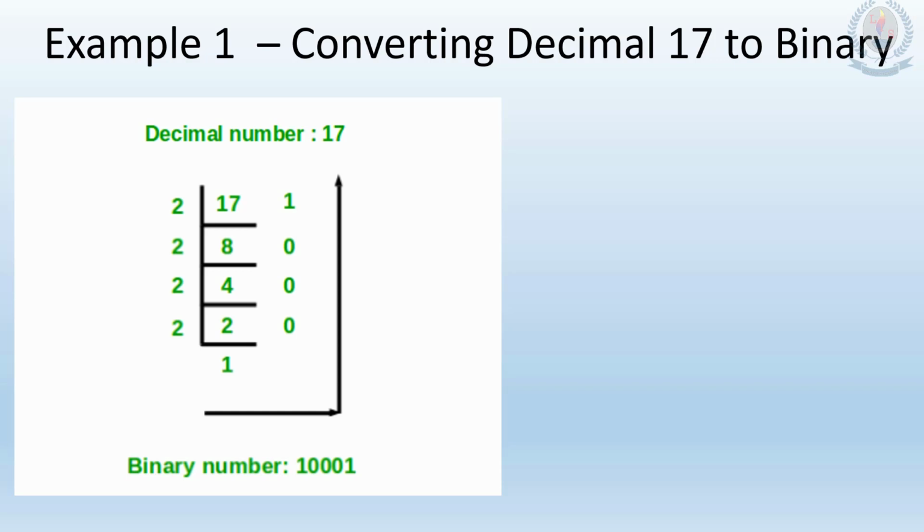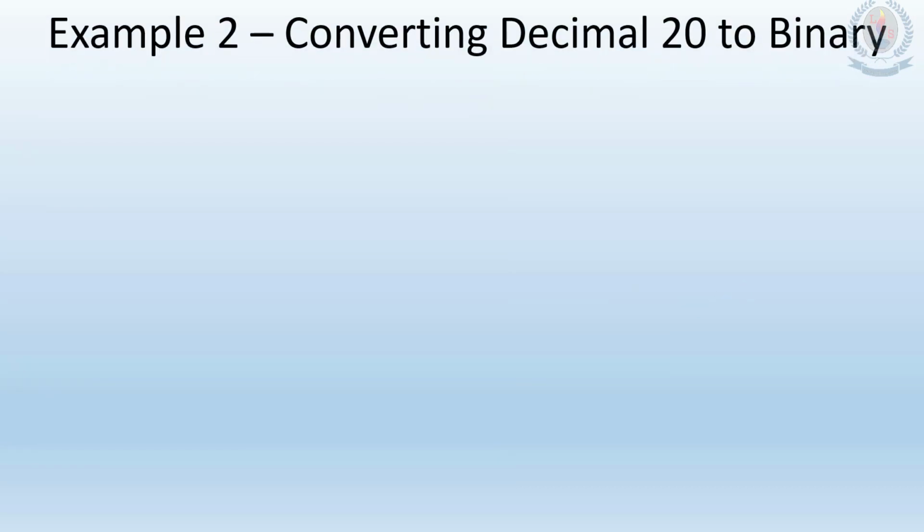Then you write the numbers from your left hand side from bottom to top. That is 1 0 0 0 1. So decimal 17 equals 10001 in binary.